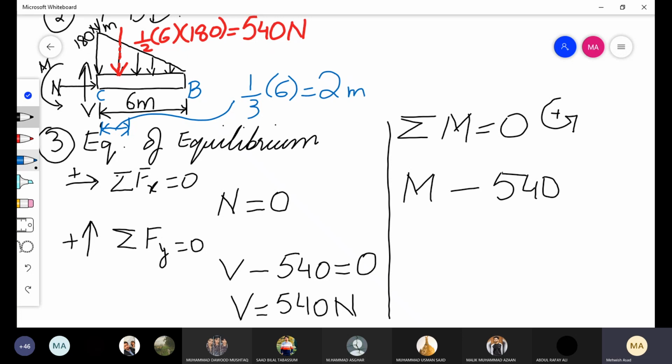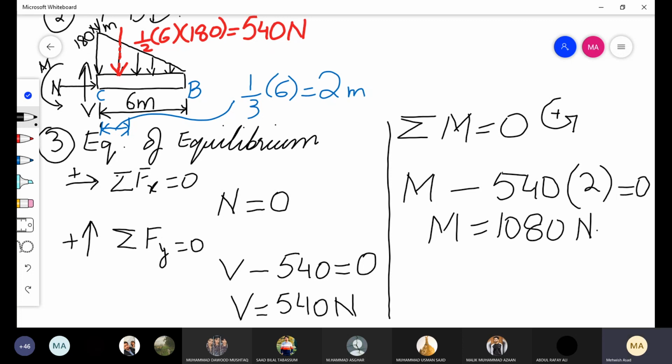So multiplied with 2 meter is equal to 0. So this is 1080 Newton meter.